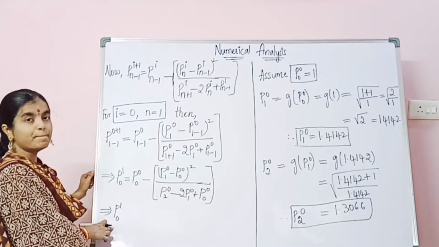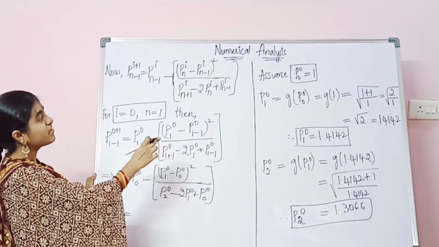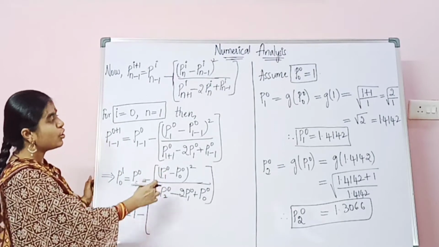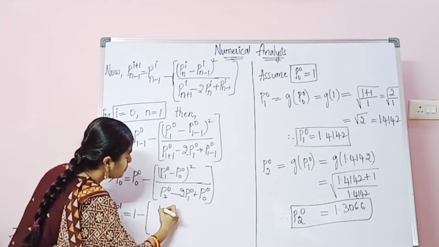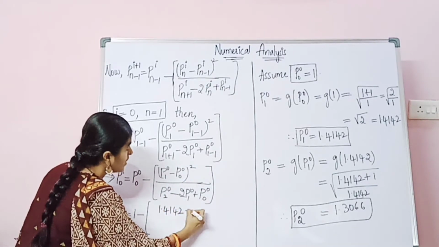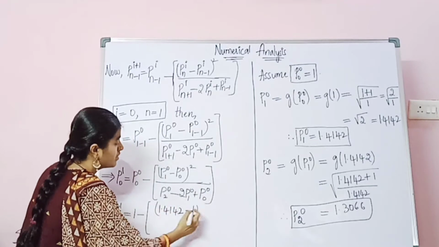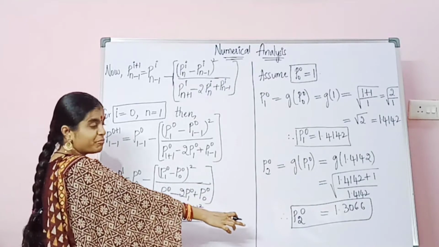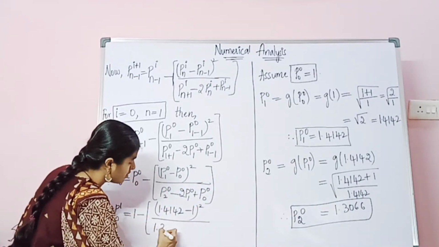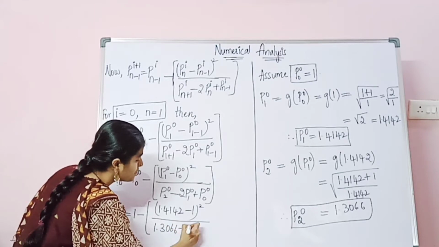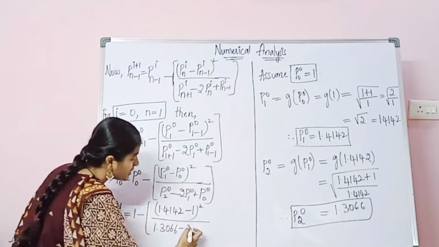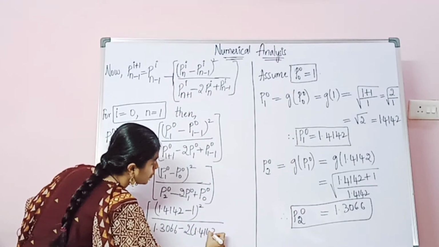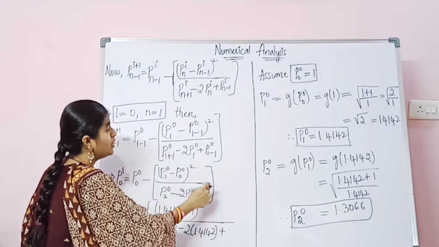So that implies P naught power 1 equals to, what is P naught power 0 here? 1. 1 minus, what is the value of P1 power 0? 1.4142 minus, what is P naught? 1 whole square by, what is the value of P2 power 0? 1.3066 minus 2 into, what is the value of P1 power 0? 2 into 1.4142 plus P naught power 0, 1.